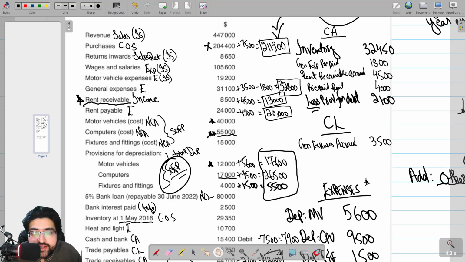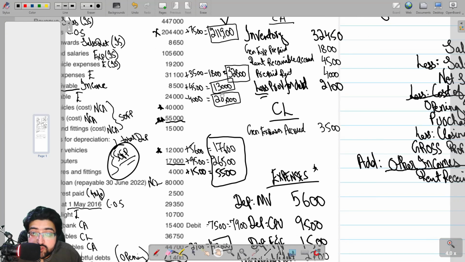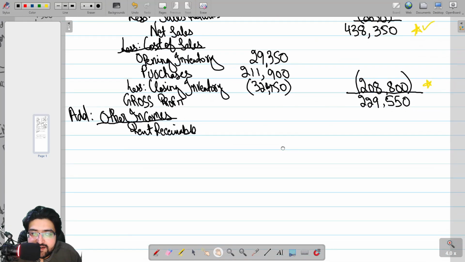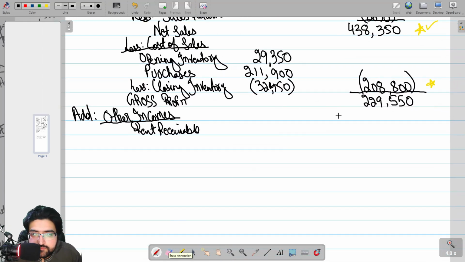So there's no point in using the old value, right? Otherwise, what was the purpose of these adjustments? We have to use new values. So I will simply write 13,000 here and add it to gross profit. There's no other income apart from rent receivable. So we can simply add this to gross profit there and then.